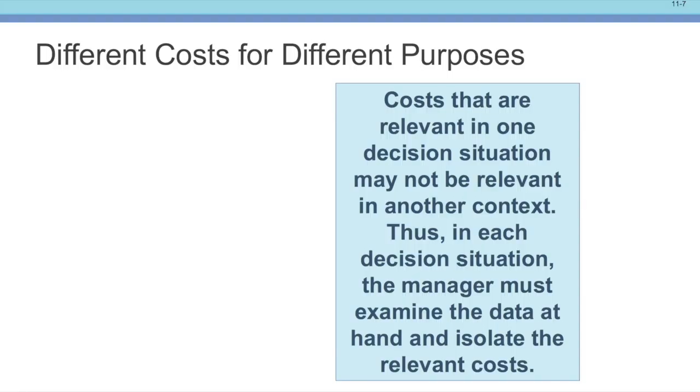The costs that are relevant in one decision may not be relevant in another context. Thus, in each decision situation, the manager must examine the data at hand and isolate relevant costs. Relevant costs are the things that only apply to this decision, and they would not apply if we did not have an alternative here.